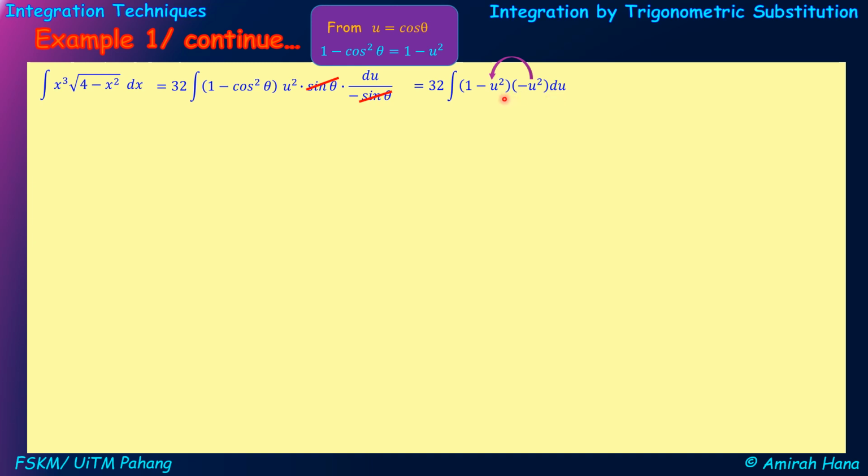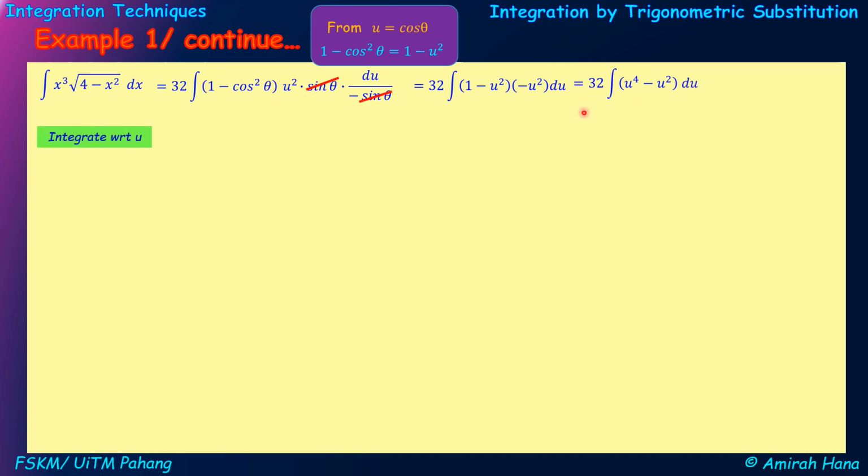But before we integrate, we need to expand first. We multiply negative u squared and negative u squared here, and we multiply negative u squared by 1 here. So we get 32 and then positive u to the power of 4 in front, and then minus u squared du. Alright?